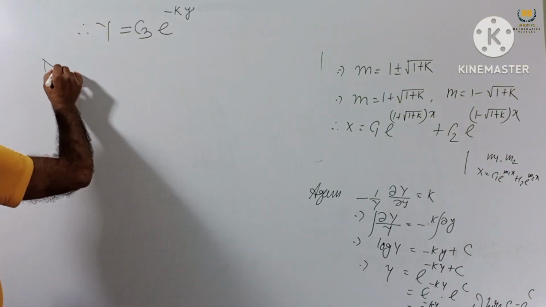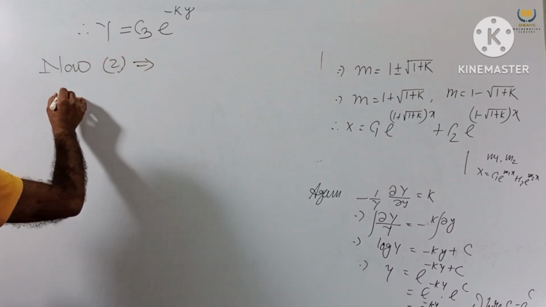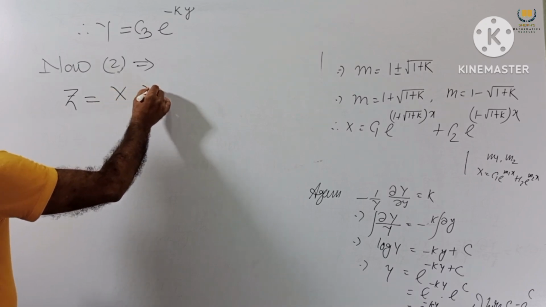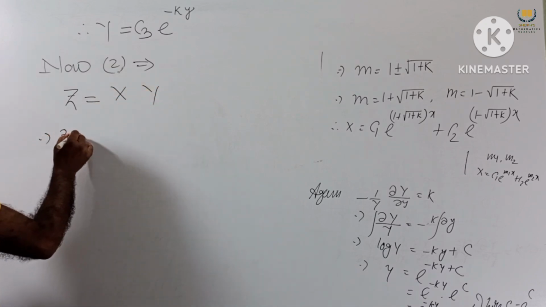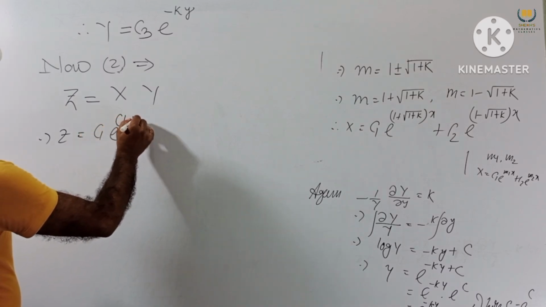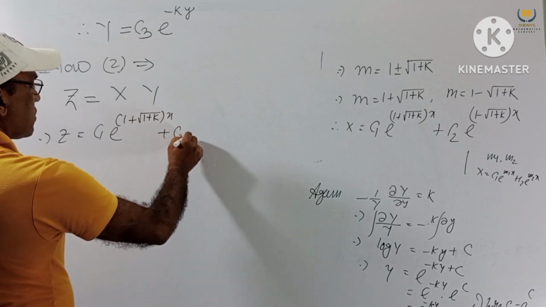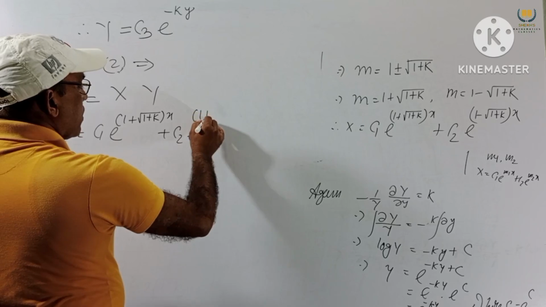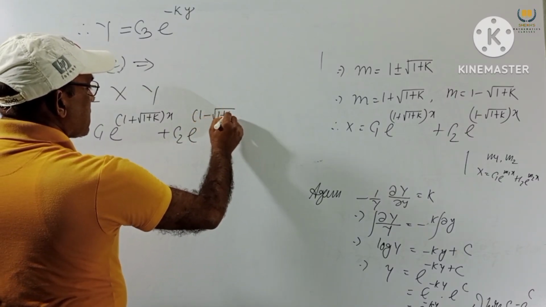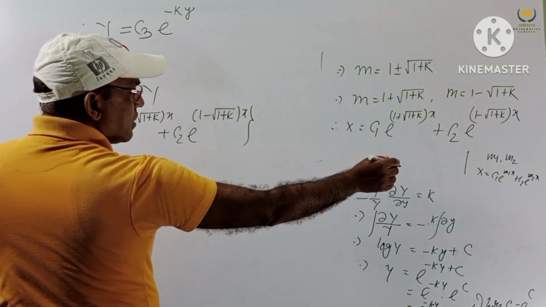Now putting this value in equation number 2, we get z = xy. So z = x means this one, (c1 e^((1 + √(1 + k))x) + c2 e^((1 − √(1 + k))x)) into y.